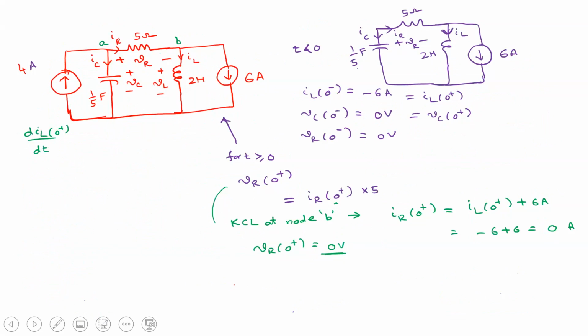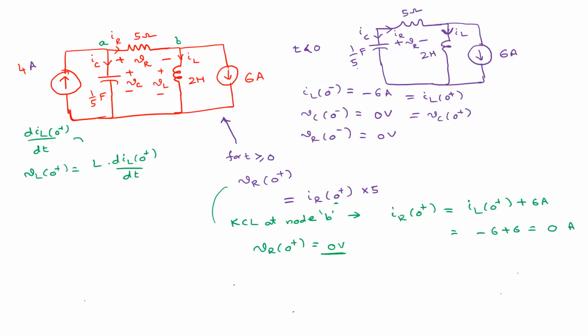In one of the classes we discussed this. So how to calculate this value? The simple thing is that L into dIL by dt equals the voltage across the inductor, VL of 0 plus, which is equal to L into dIL of 0 plus by dt.